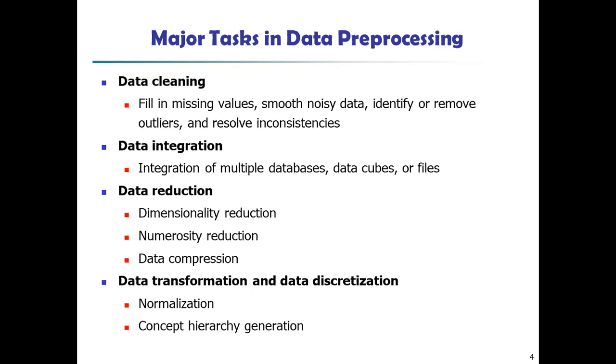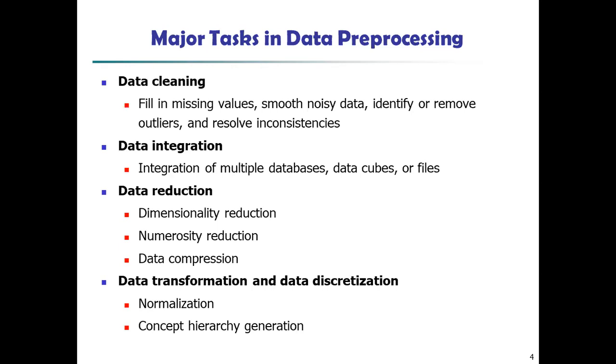You have different databases, so you have to integrate them; similarly, in a database, all the data can be represented as a cube or files. We integrate the data from tables up to databases. That is data integration.